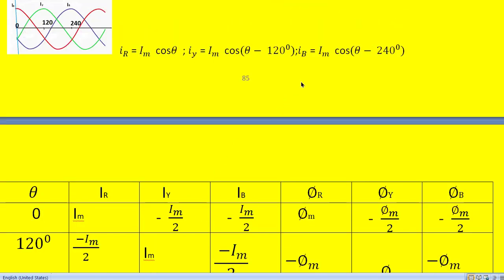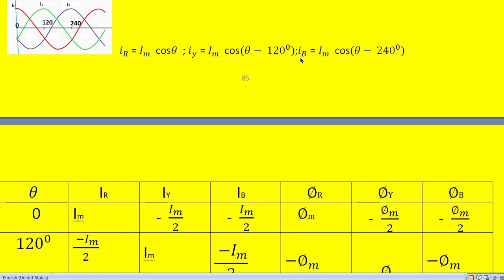Similarly, for B phase at 120 degrees, using the same value as for the other phases, we write Ib is equal to Im cos of 120 minus 240 degrees. That means Ib is equal to Im cos minus 120 degrees. Cos minus 120 is nothing but minus half.